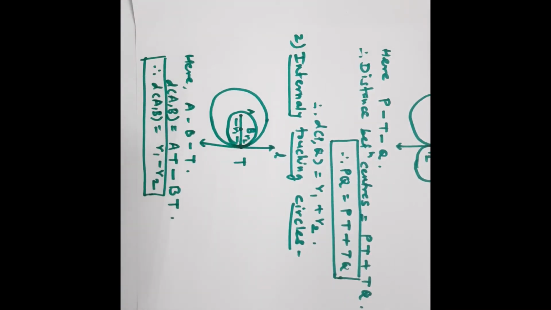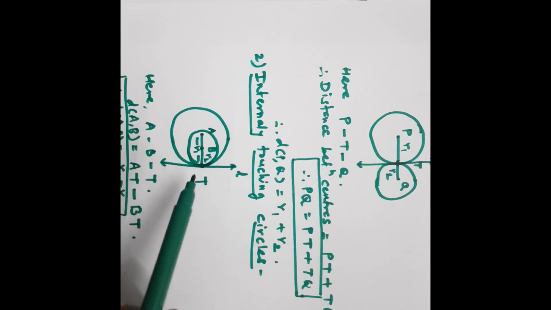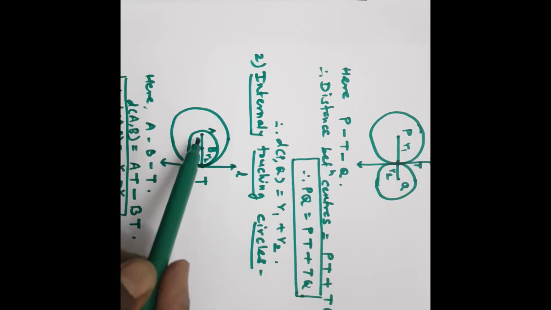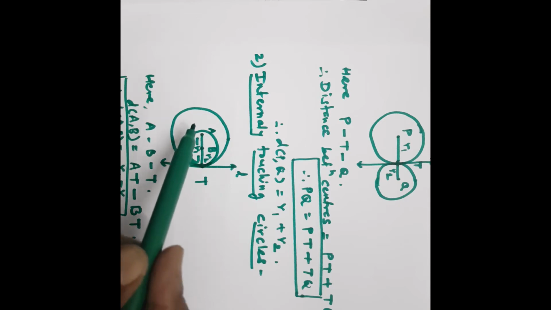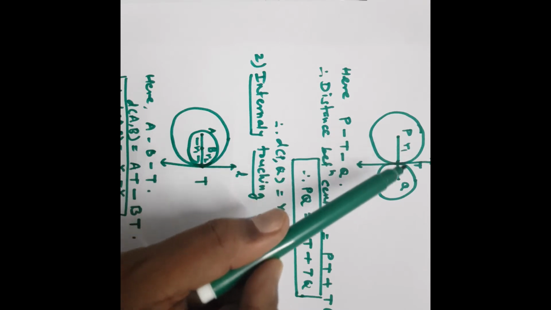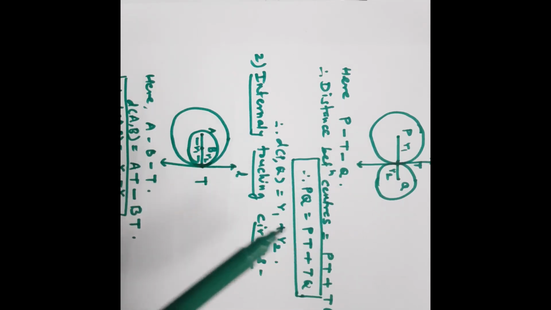One thing to be noted: the common point T in both cases lies on the line passing through the centers, line AB or line PQ.